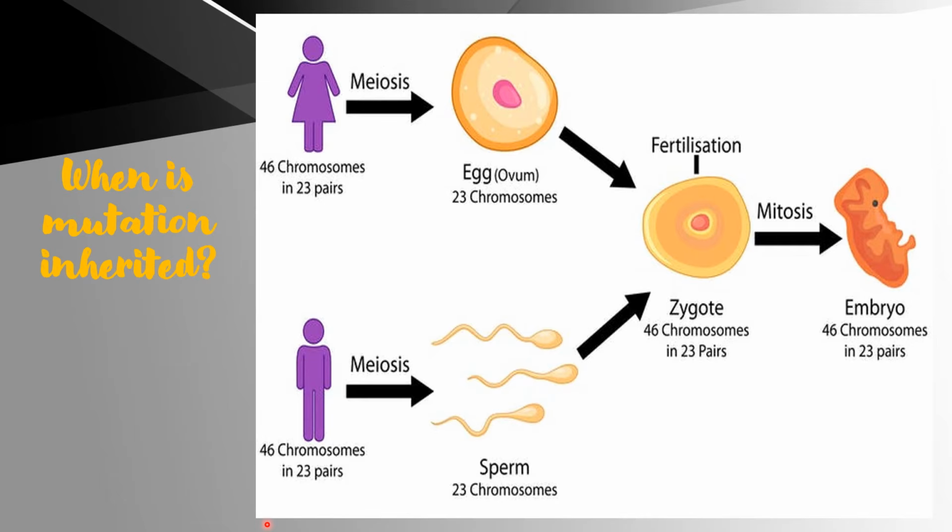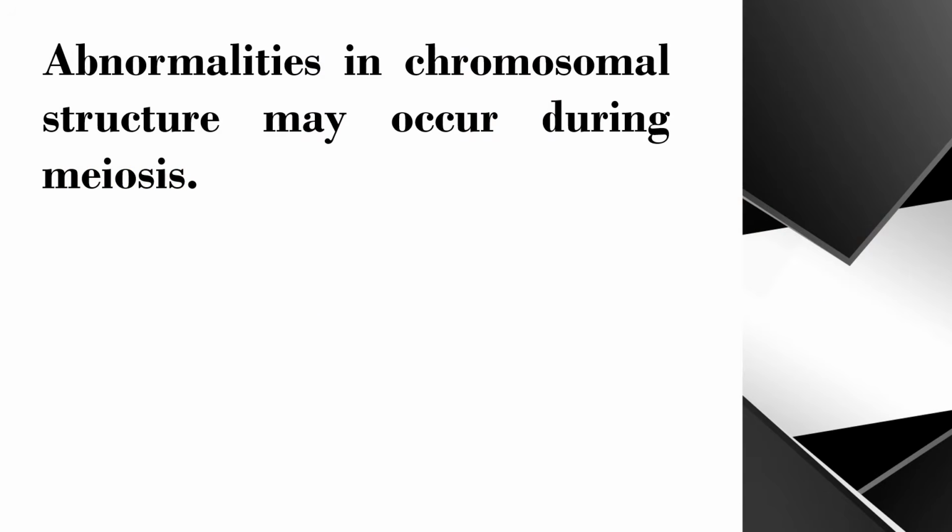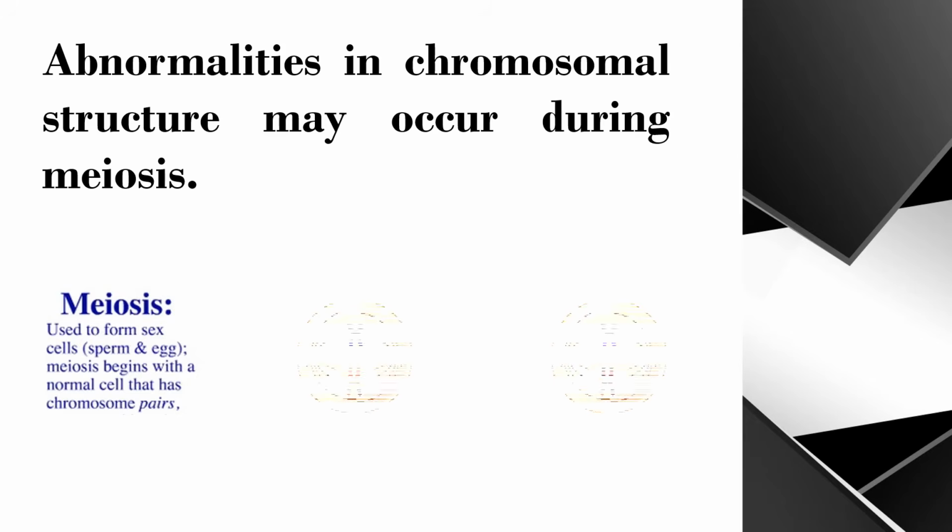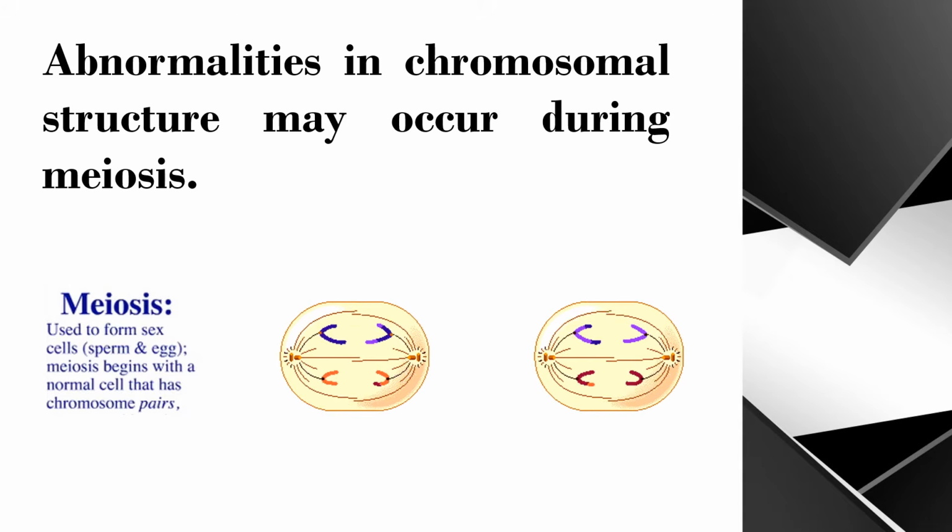An individual offspring inherits mutation only when mutation are present in paternal egg cell or sperm cell. Pag nagkaroon ng fertilization, magkakaroon din ng mutation ang offspring. Abnormalities in chromosomal structure may occur during meiosis.